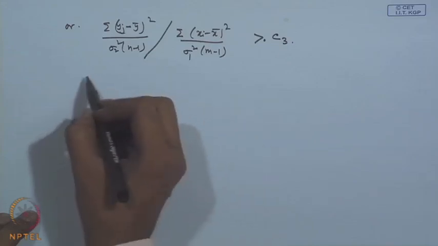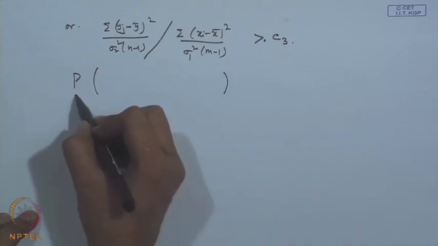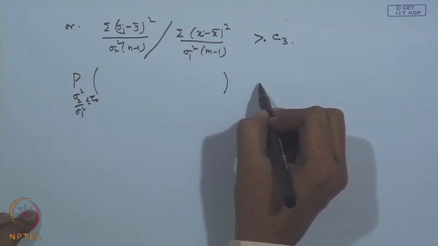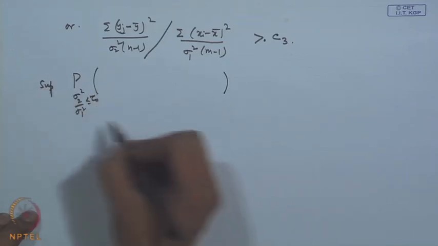Now, when I consider the probability of this region for sigma 2 square by sigma 1 square less than or equal to tau naught, then the supremum of this is attained at.